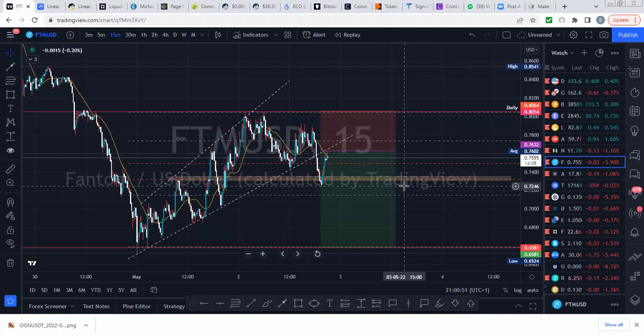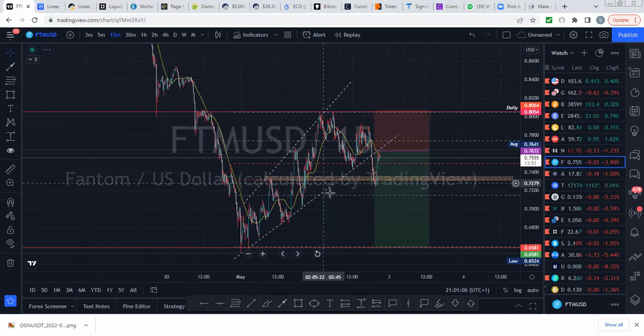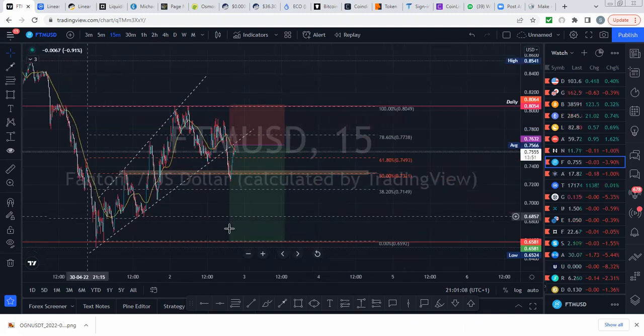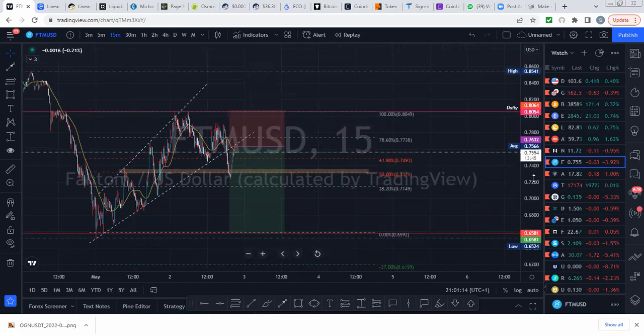I use the most important ones in market structure: 38.2, 61.8, 78.6. 50% retracement is also okay, but you can't count it as a price reversal zone. Whenever price approaches that, it will still have an effect. It's either 50 or 61.8 for price to reverse.